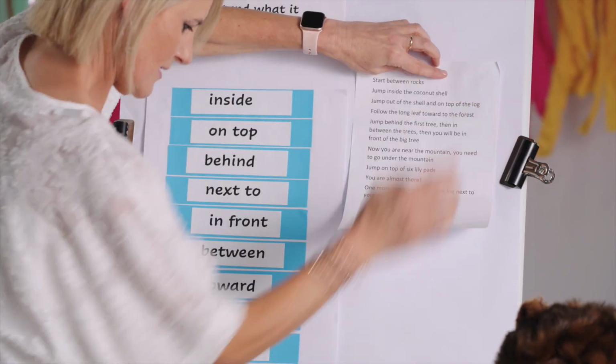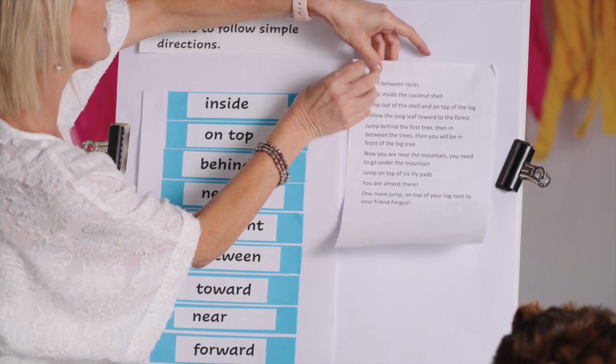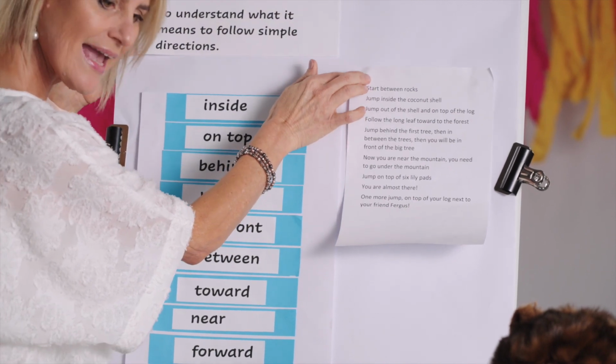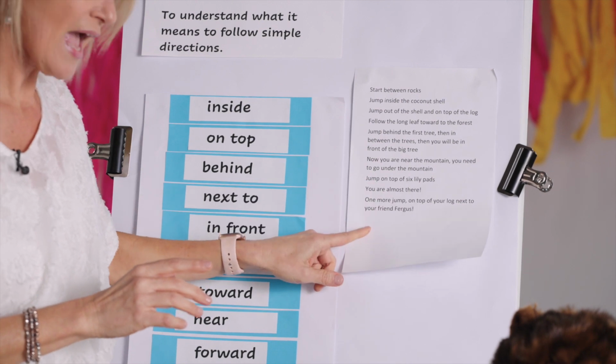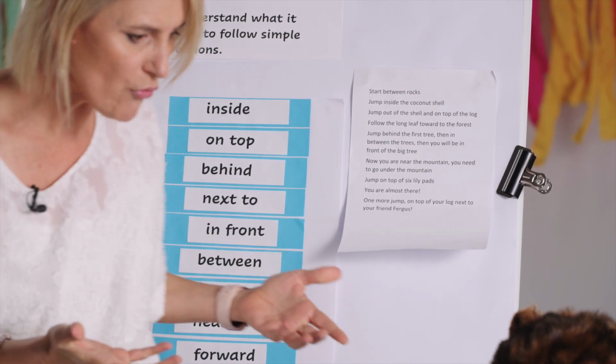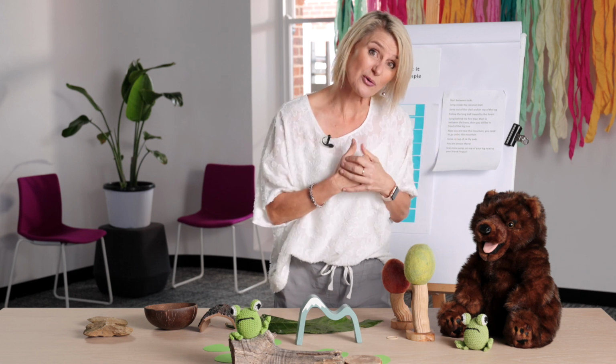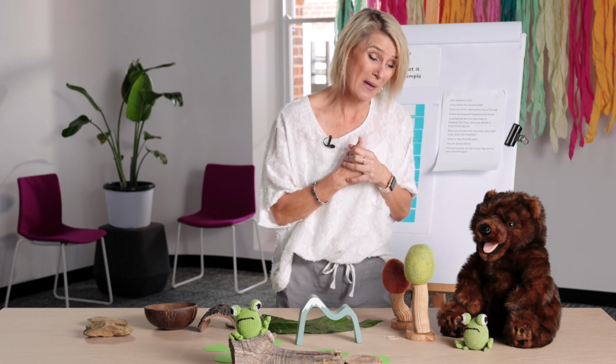Oh, let's take a look. It's a list of directions, Frog. It's telling us how to help you get home. That would be very helpful. I think that might help you not be sad, but hopefully help you feel happy and safe that you're home back on your log with your friend Fergus.